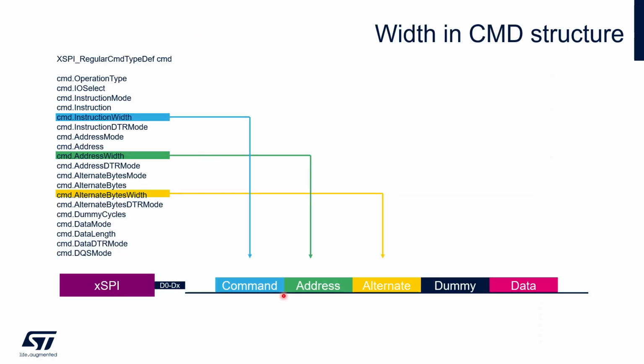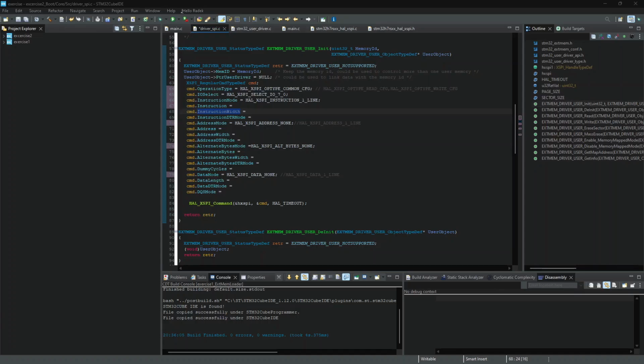So this mainly corresponds only to the instruction phase, for the commands, for the address, and for the alternate bits, but because we don't use alternate, it will have no meaning for us. So we can fill this instruction part. The instruction width will be 8 bits always, no exceptions.